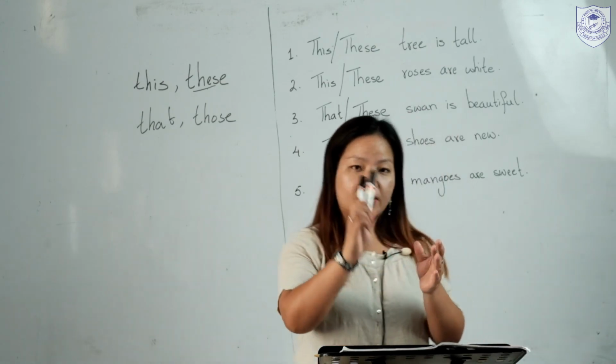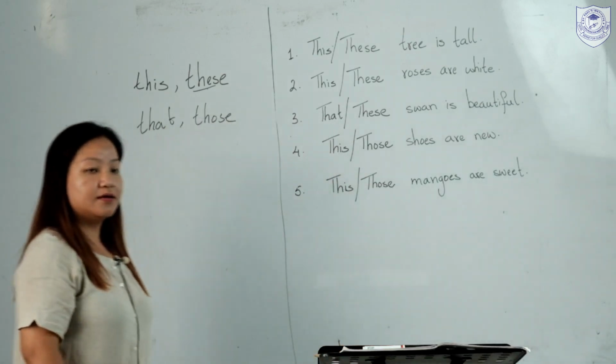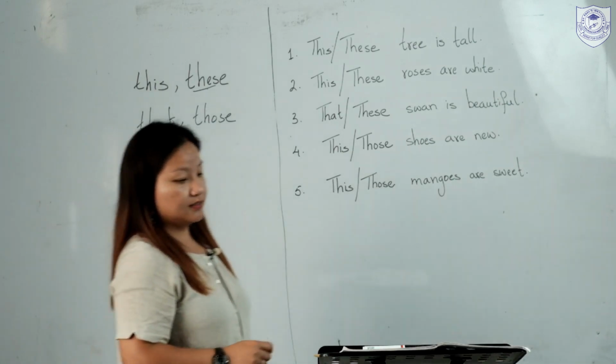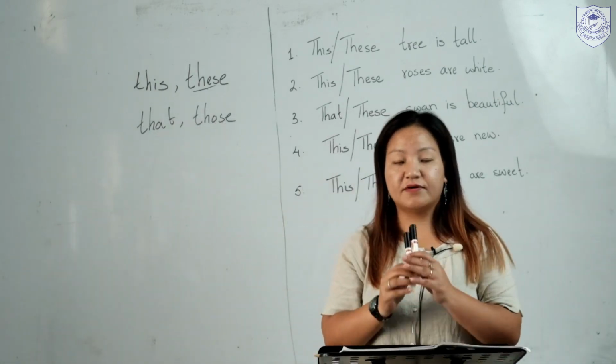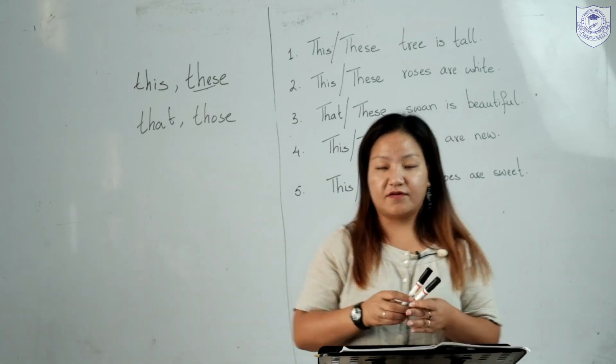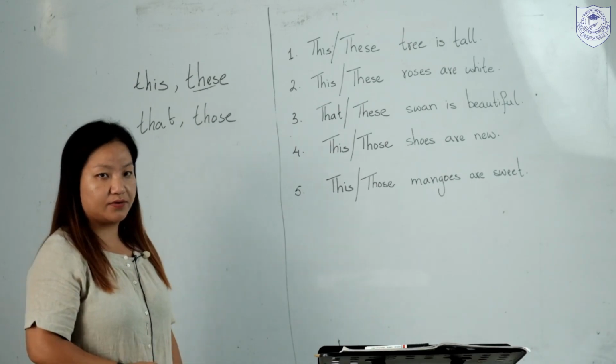But if these two markers are far away from me here, then I have to say those markers. Do you understand? If I'm near it, then I'll say these markers. If I'm a little bit far away from it, then I'll say those markers, okay?